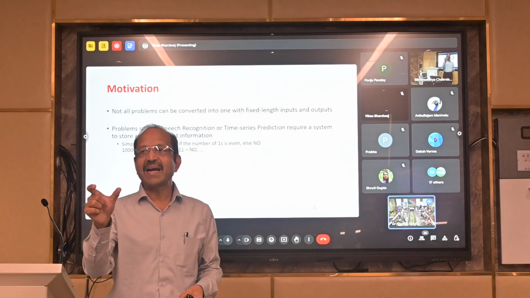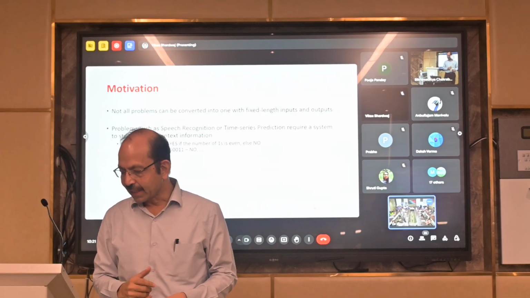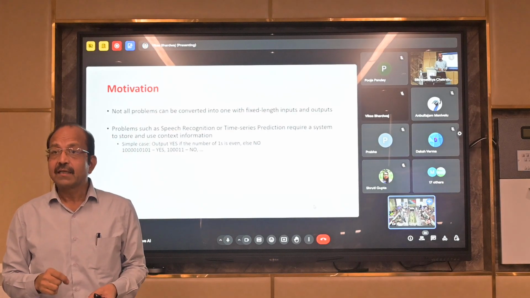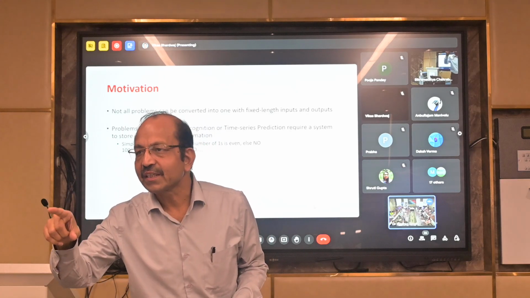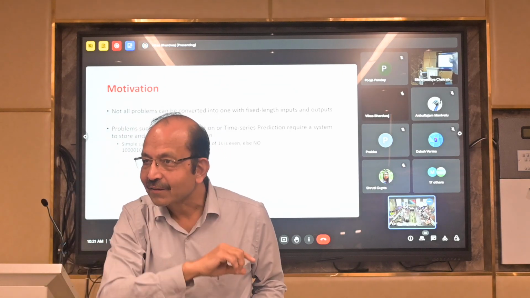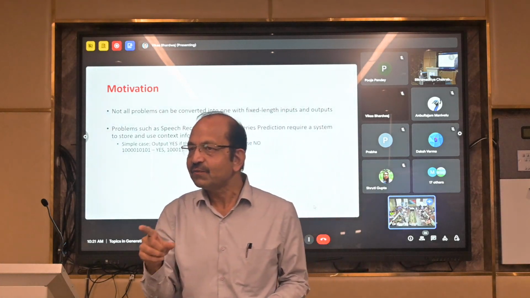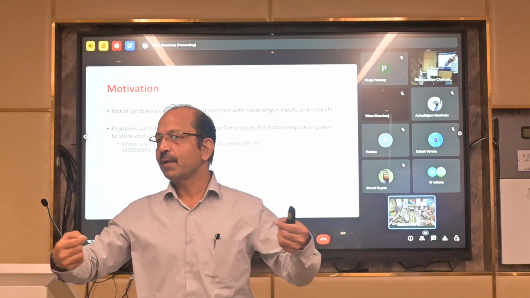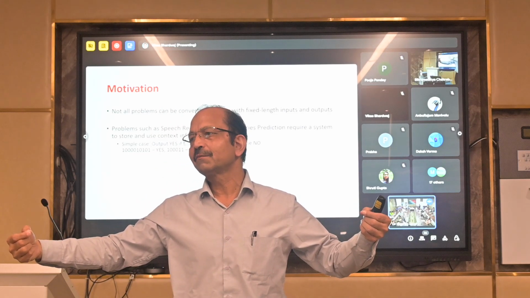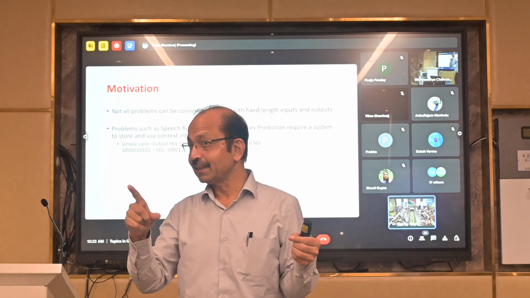You are given some binary numbers consisting of zeros and ones, and my question is that if the number of ones is even, the output should be 1, else the output should be 0. Am I defining what should be the length of the binary string? Can I solve this problem? This is a classification problem.